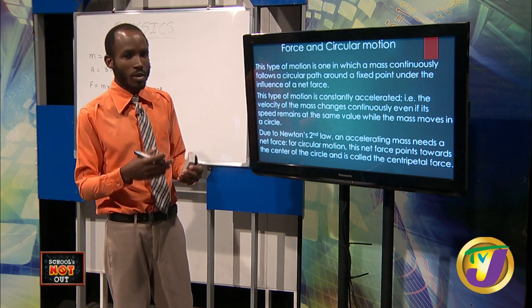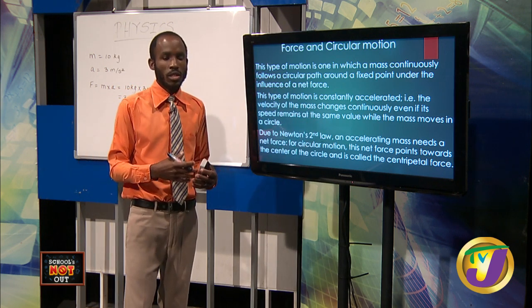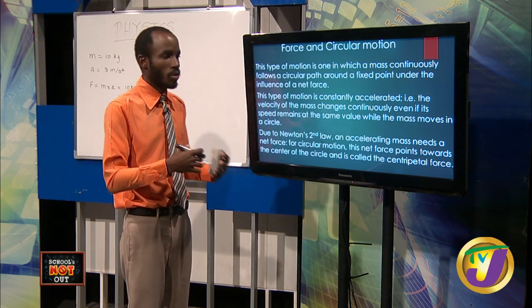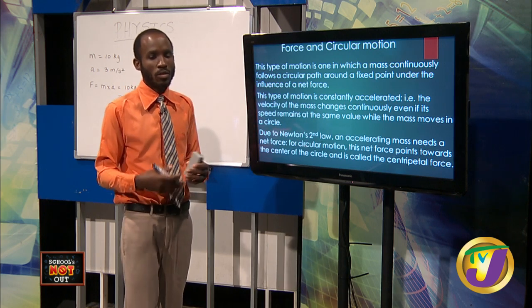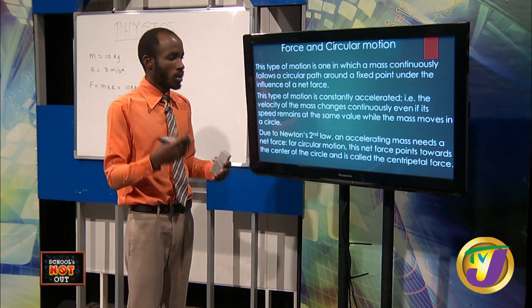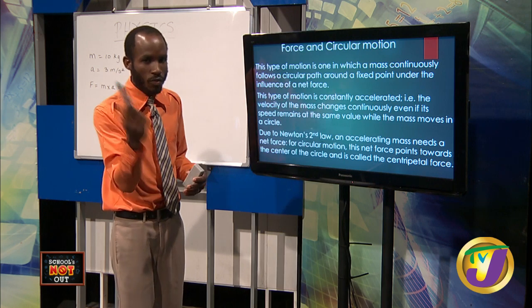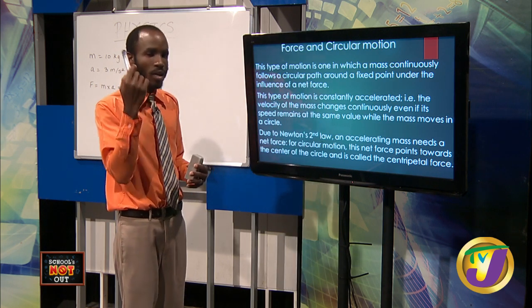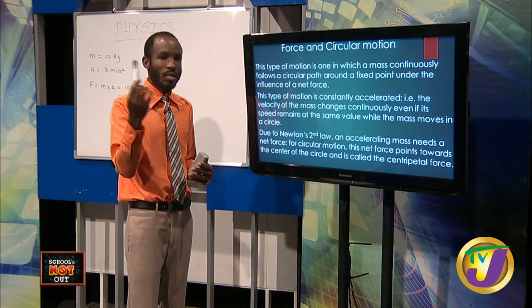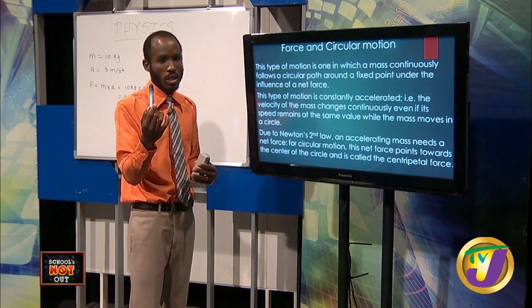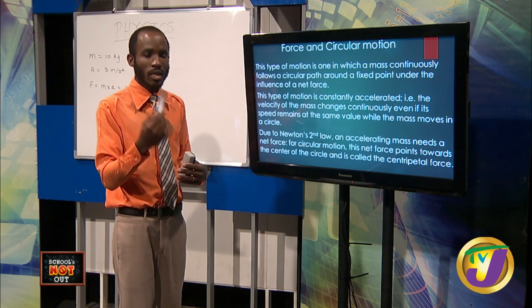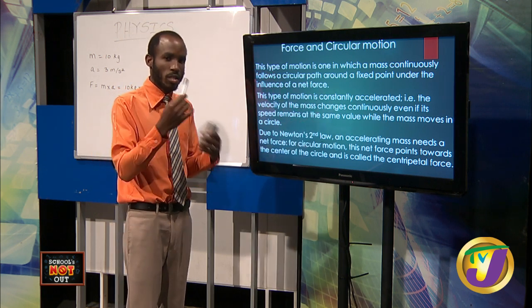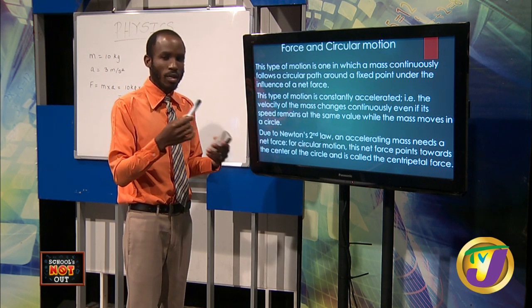Now the reason for this is because acceleration is said to be a vector. You should already know about vectors. Vectors have magnitude and direction. So here's the thing. An object can move at a constant speed in a circle, yeah? But because moving in a circle means that it's constantly changing direction, then it is actually accelerating, because acceleration is a vector and a vector has direction.